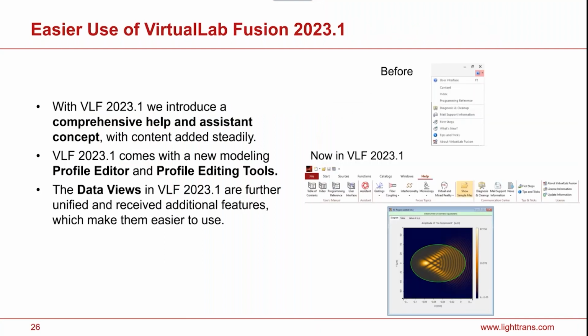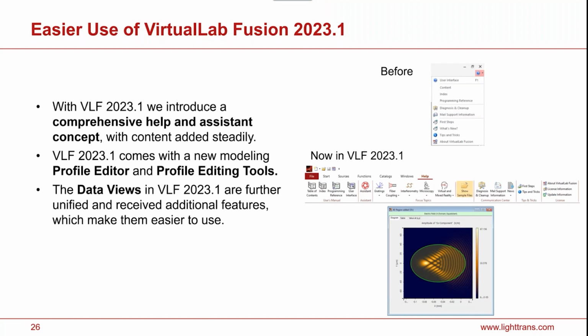Easier use. You will see today we have introduced a quite comprehensive help and assistant concept. This assistant concept is extremely dynamic. That means we can add content all the time. It's connected to the internet, and you get the content in VirtualLab Fusion at your fingertips, but we can always add content.